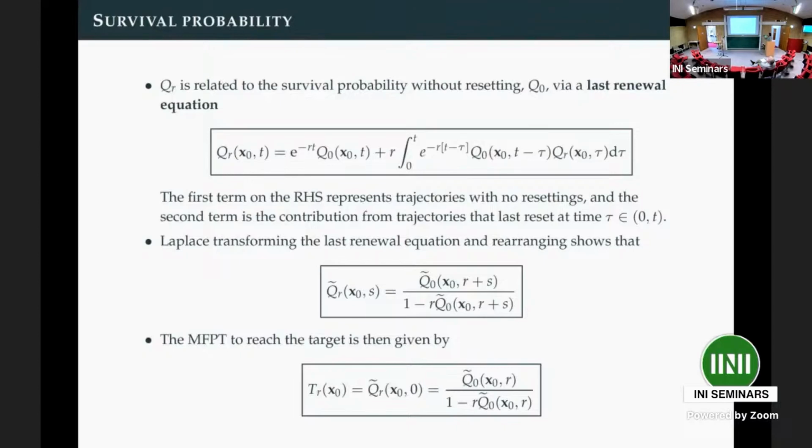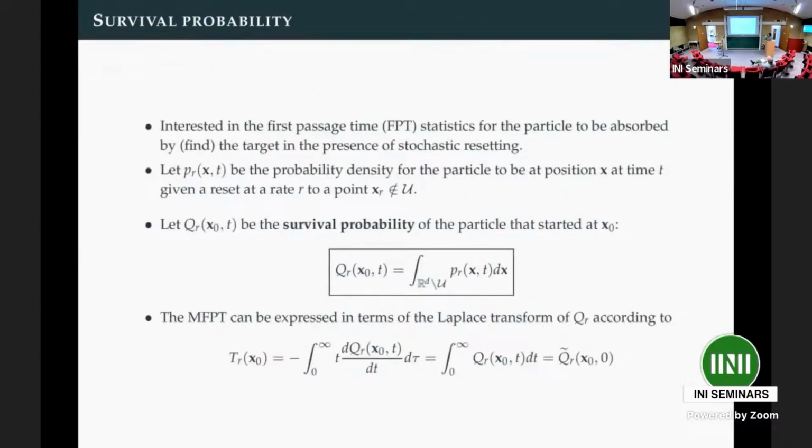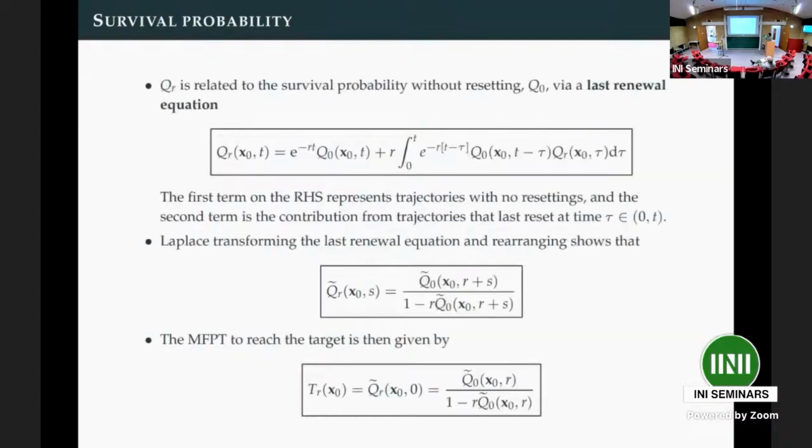Use the convolution theorem, Laplace transform, rearrange, and you end up with this quantity relating the survival probability with resetting to that without resetting. Now take the limit s goes to 0, according to the previous result, and you pop out the expression for the mean first passage time, which is finite even in an unbounded domain.